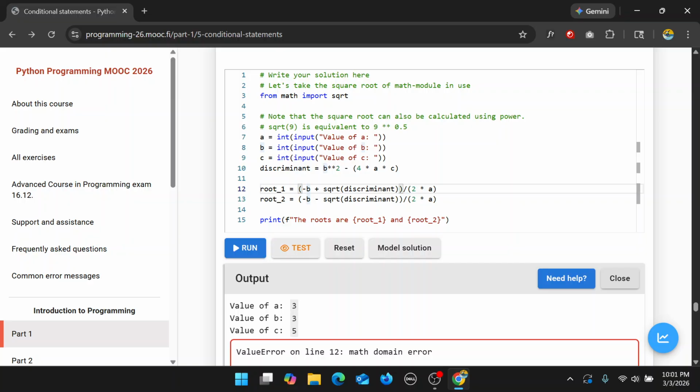Math domain error. I think it's this negative b here. I think this will work, right? Like that.